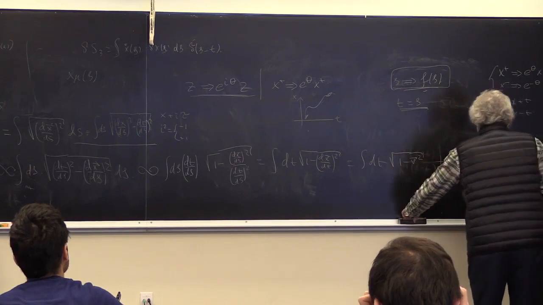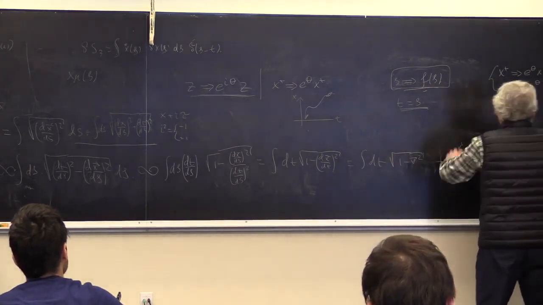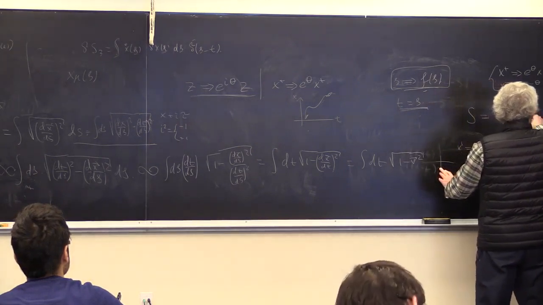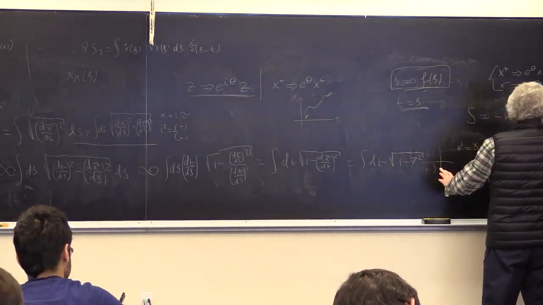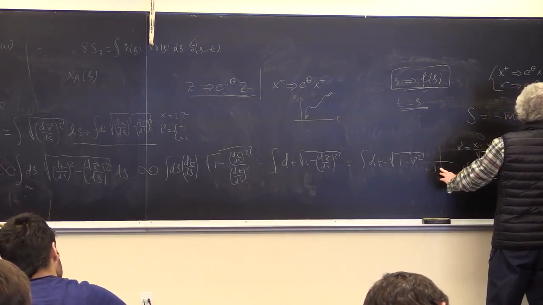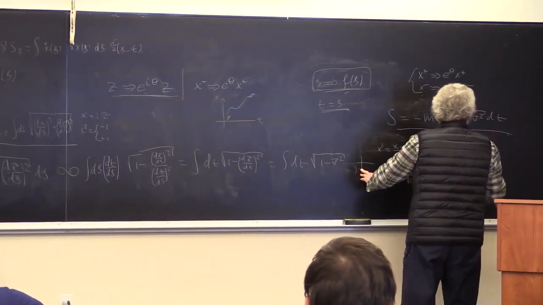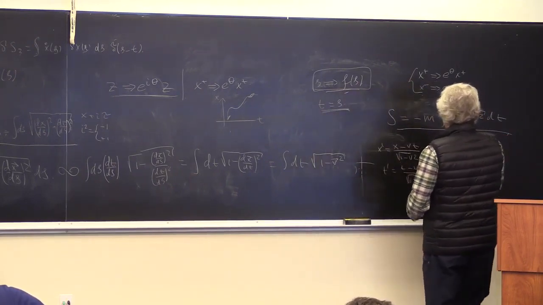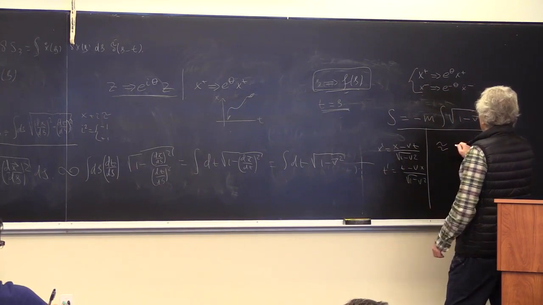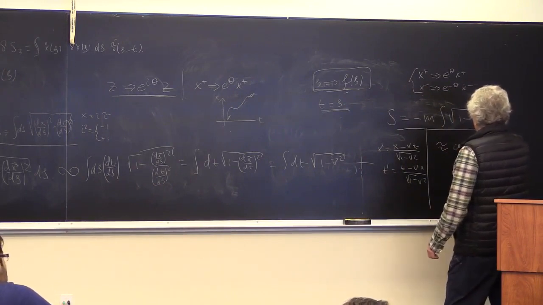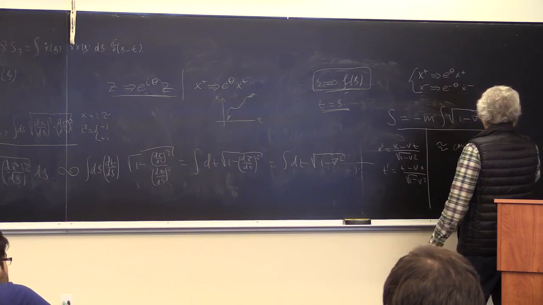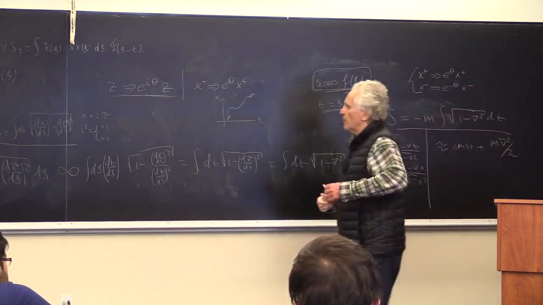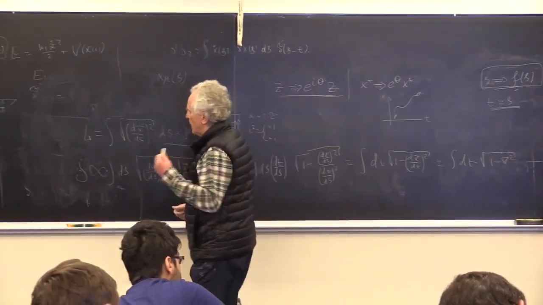And to get the correct normalization, which is a definition of mass, you have to take S equal to minus m square root of 1 minus v squared dt, which is approximately a constant plus... So the form of the action is actually determined by symmetry.